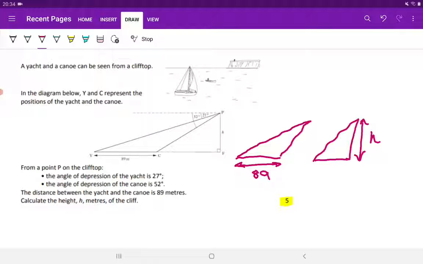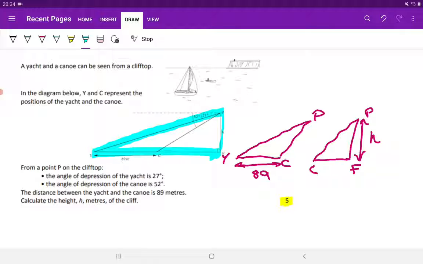Instead of that little triangle, the PCF one, some of you might actually see that big right angle triangle, and you could work with that as well. So we've got 2 options to get the height. We can either work with this big one that I've just highlighted in blue, or we can work with the little one, the PCF one. It's not going to make a difference.